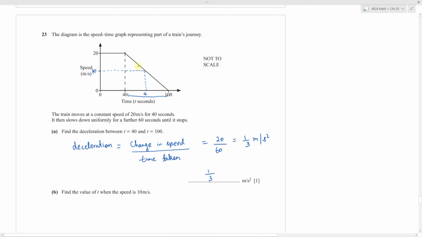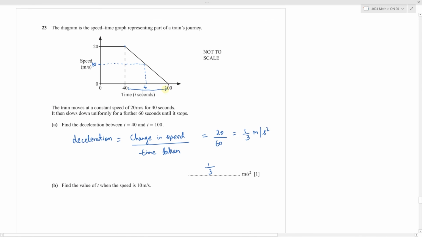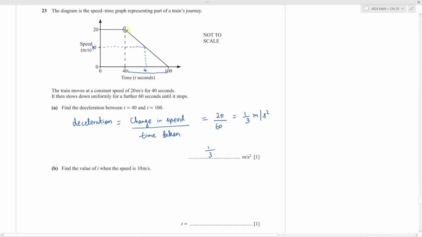Since this is a straight line, we can calculate the gradient using any 2 points on this straight line. It will be the same value that we calculated in the first part, which is the deceleration, the gradient of this line here. So let's use this point here and this point here.